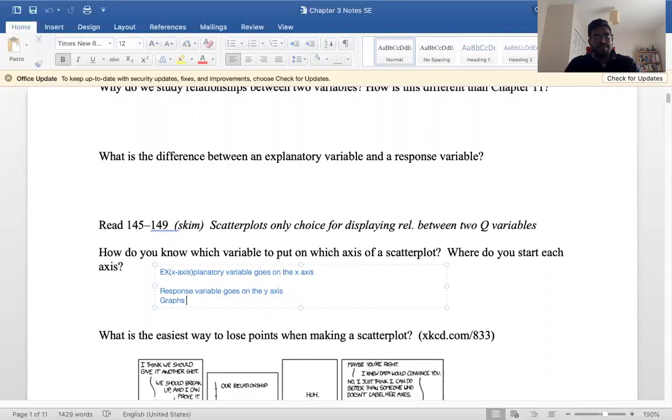First of all, your graphs do not need to start at 0, 0. Just because if you're looking at, I don't know, like income, for example, and like IQ or something, those are two variables that are going to be fairly large, right? And so starting at 0, 0 is not what makes sense. But the one thing you do need is your scales must be consistent. Right? So no matter what you do, just make sure your scales are consistent when you graph.